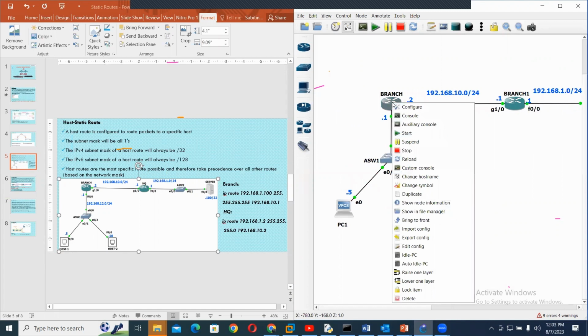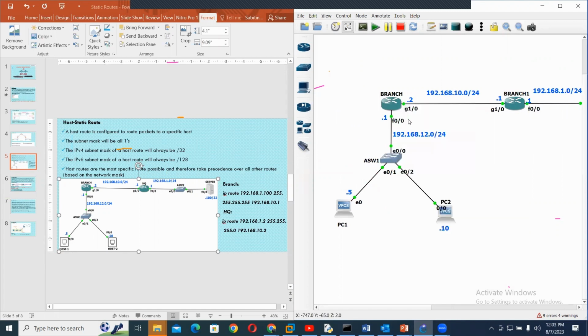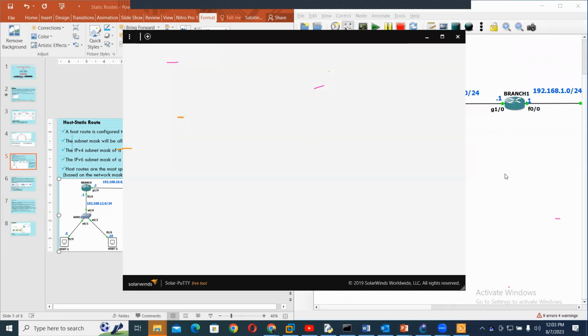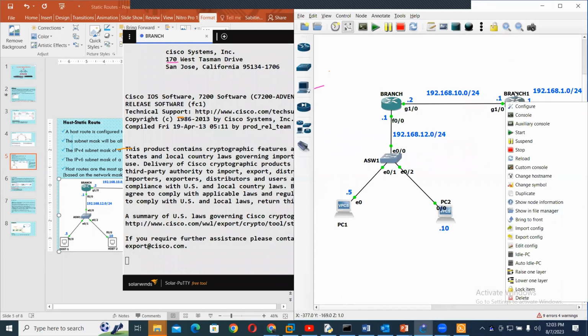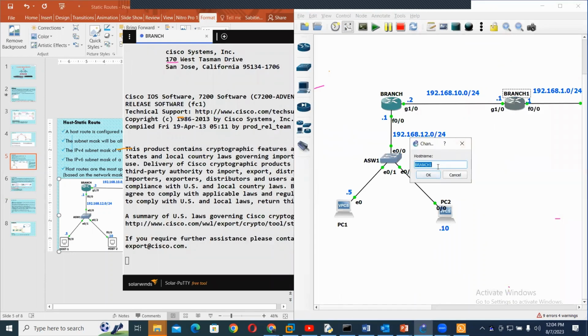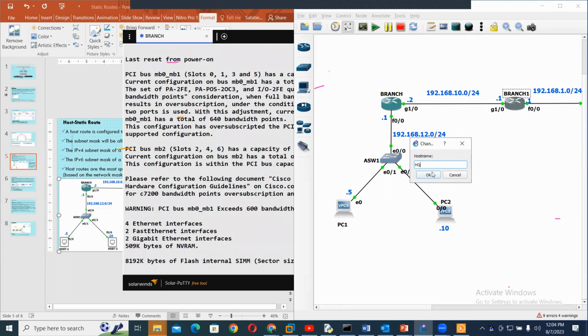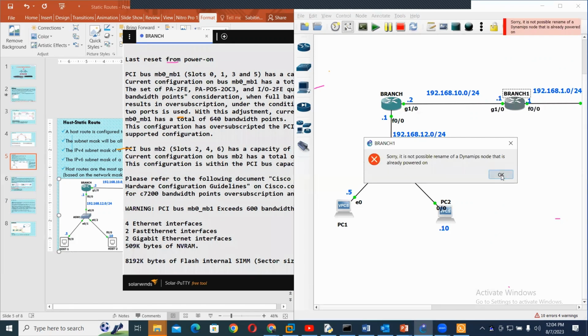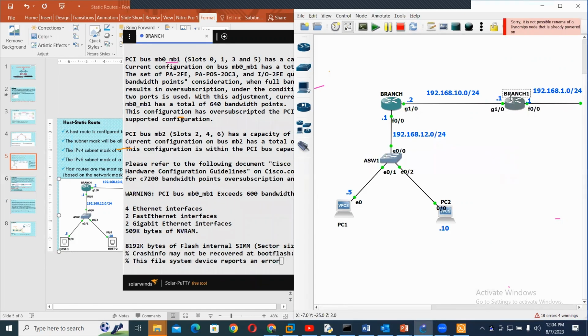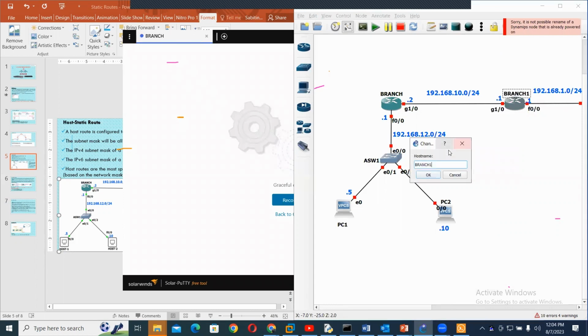Let's open the console of the branch router. The console of this should be HQ. Let's stop first and rename. This should be HQ. Okay, let's start all our devices.